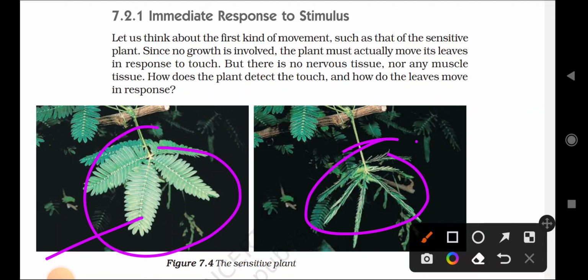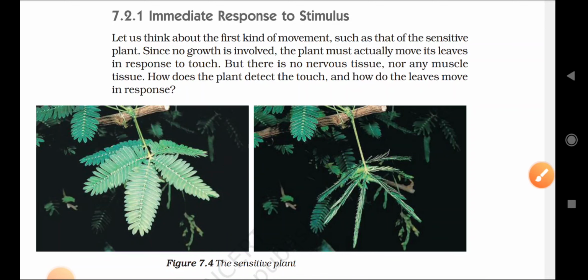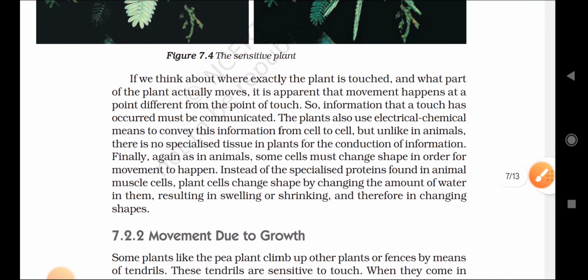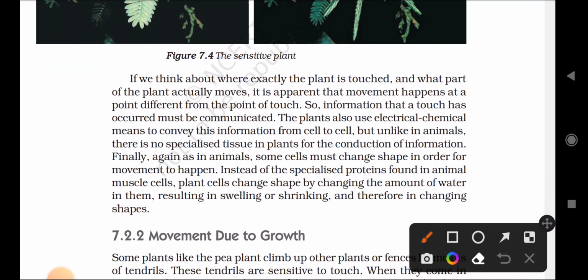Then how is it responding to the touch, and how is this information carried? This is the main question. In your exam, the question will come: how do plant cells or plants communicate with each other?